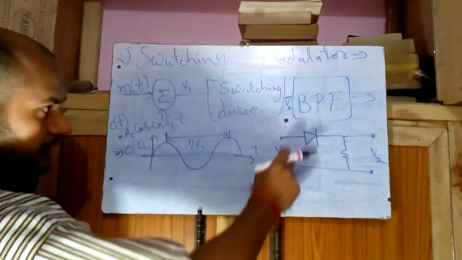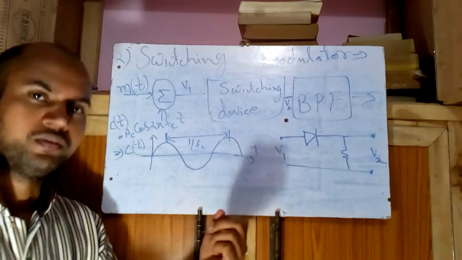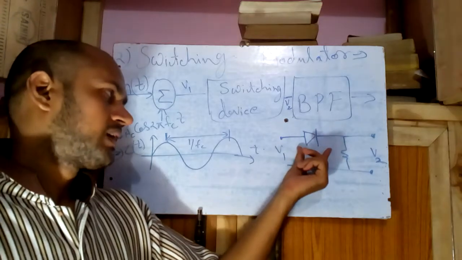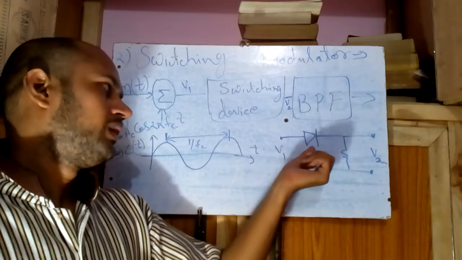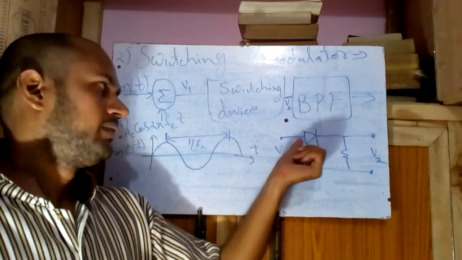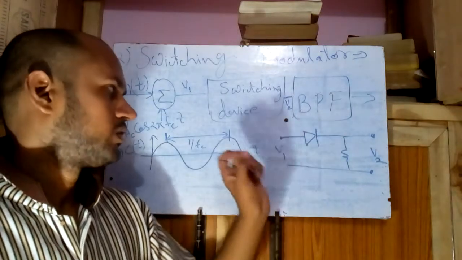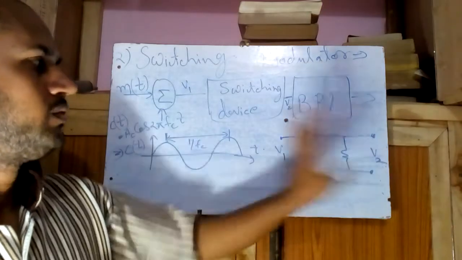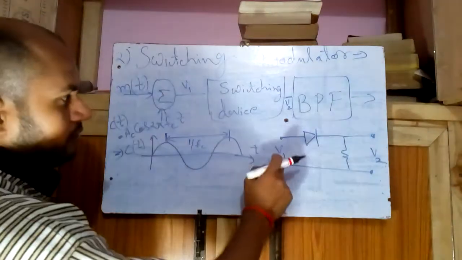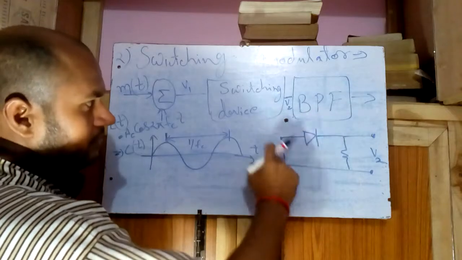So in case V1 is positive, the ideal diode has the characteristic that the cut-in voltage is 0. As V1 will be more than 0, it will be in forward bias and it will be a short circuit. So all of V1 will appear at V2. So V2 will be V1 when V1 is greater than 0.